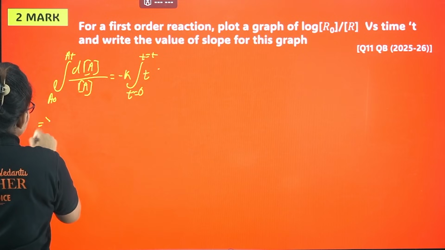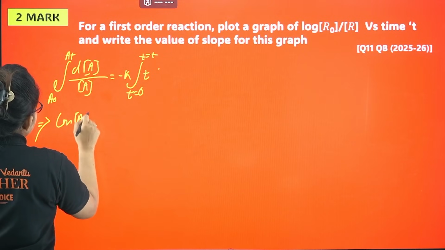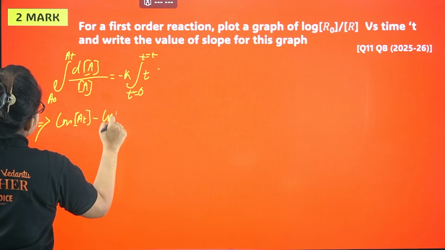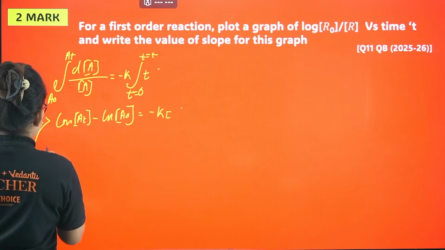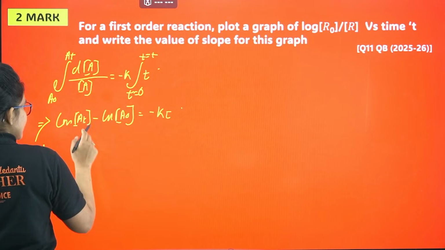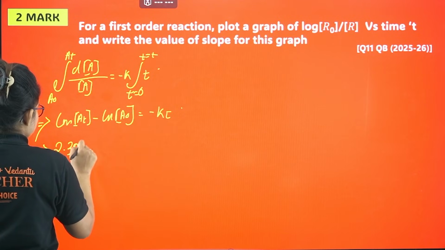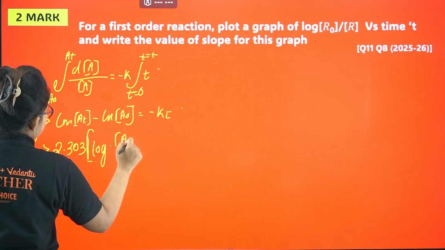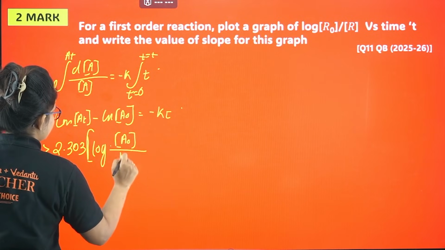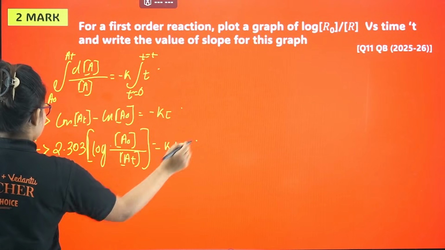Okay, if I show it from here, that is ln of At minus ln of A0 equals minus kt. Fine. Now if I convert it to log and also alter the sign, I will get 2.303 log A naught by At. I altered the sign, okay. A naught by At, here I am getting kt, right.